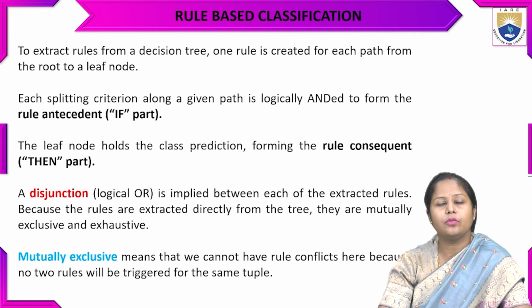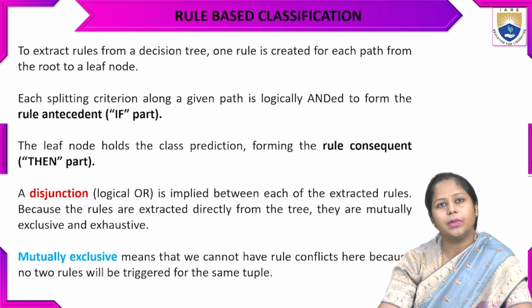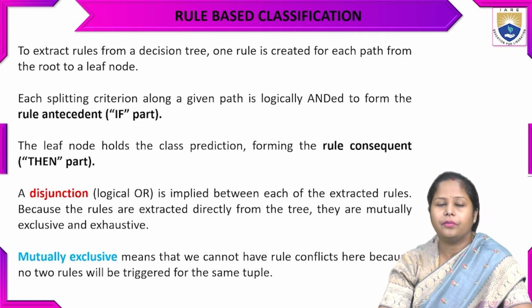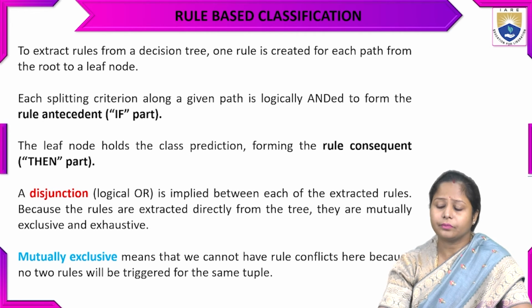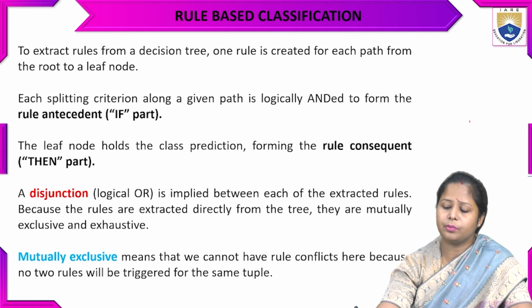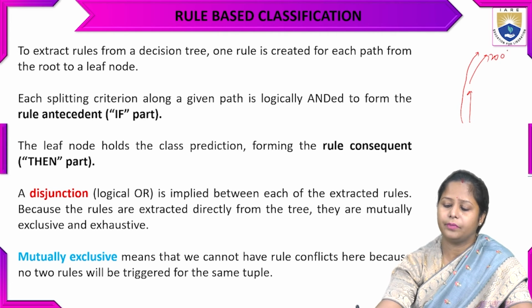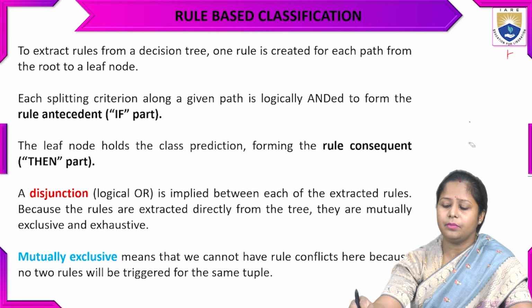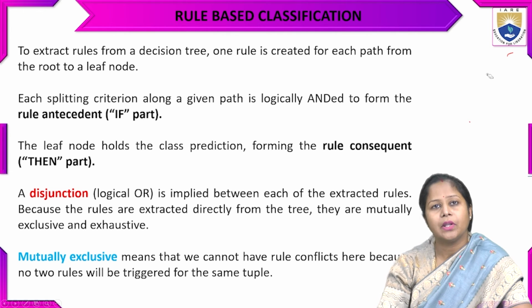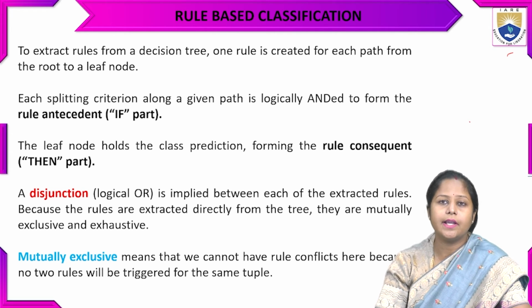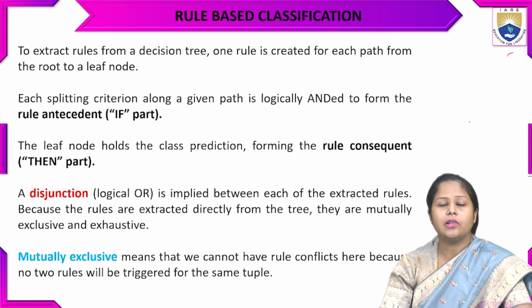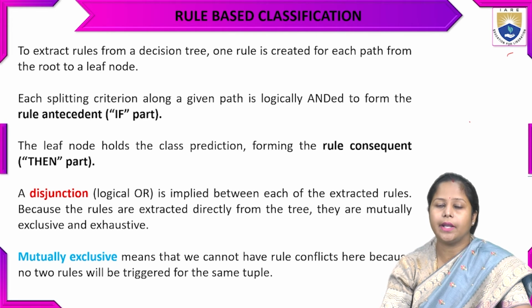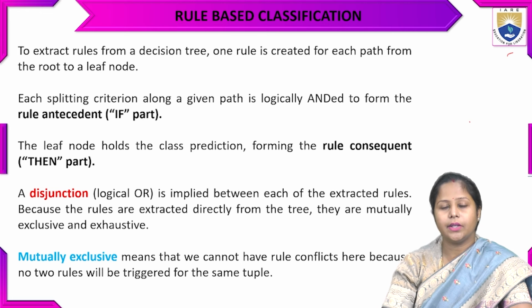To extract rules from a decision tree, one rule is created for each path from the root to a leaf. For every leaf, we make a rule going toward the root. Each splitting criterion along a given path is logically ANDed to form the rule antecedent, that is the if part.